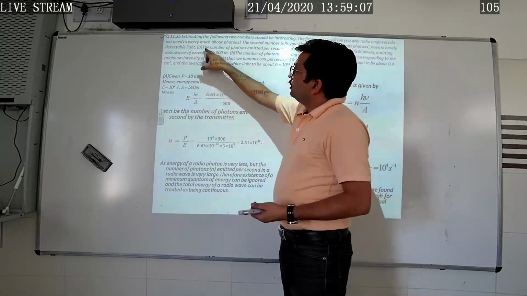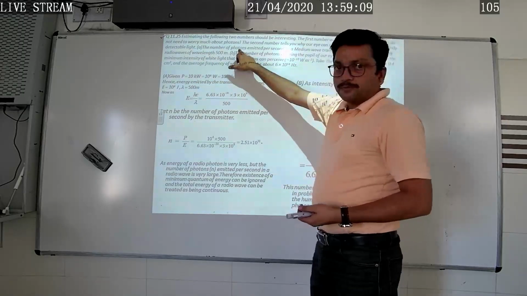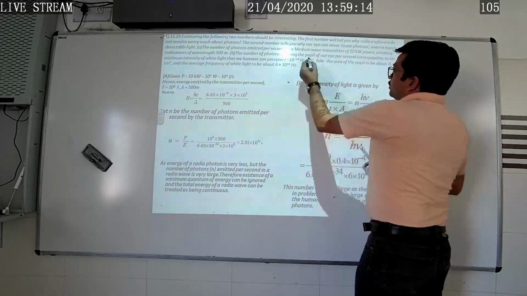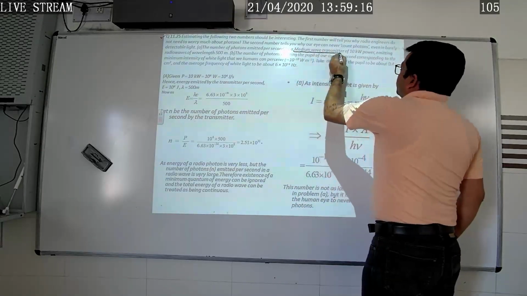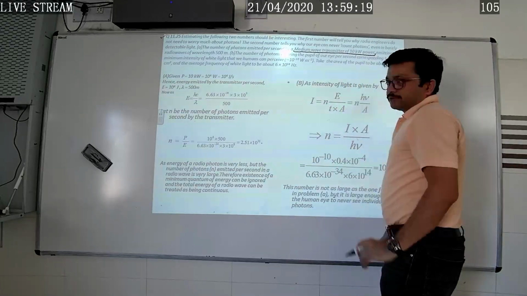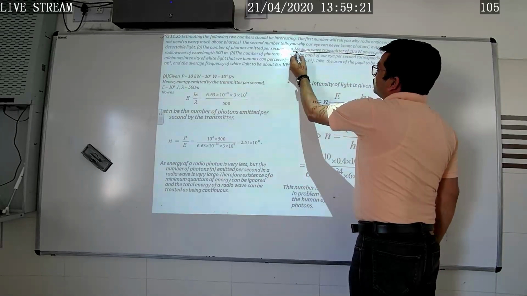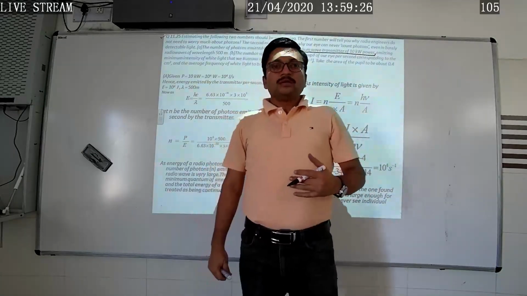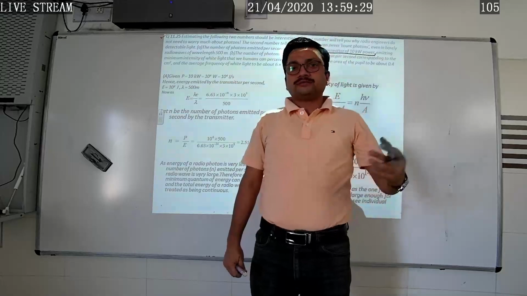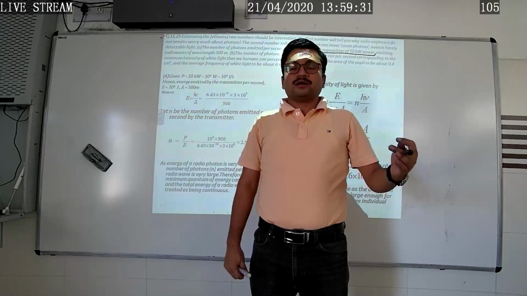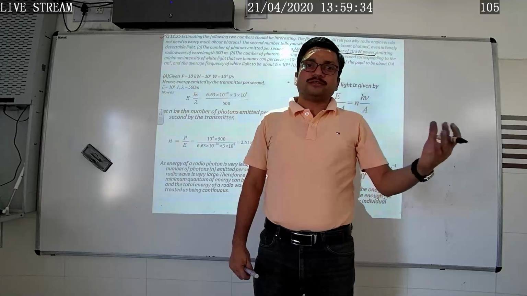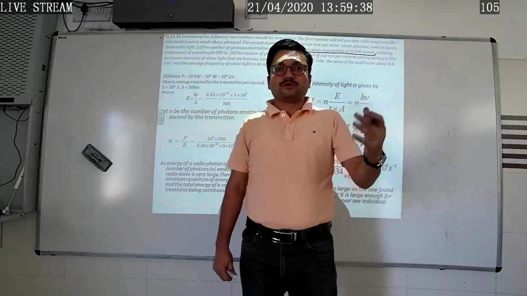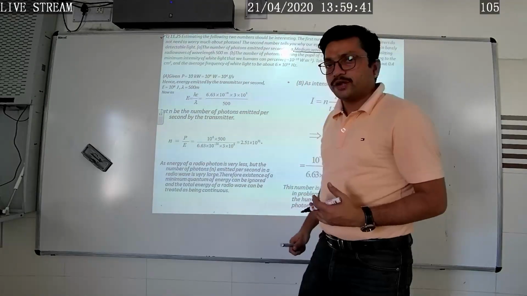So in the first part, we have to calculate the number of photons emitted per second by a medium wave transmitter. Now this is basically part of the communication chapter, which has been eliminated. Medium wave transmitters are just like at your home: if we switch on the radio, they say we are speaking from the Akashvani Kendra, medium wave about this much frequency; short wave and different bands are there.